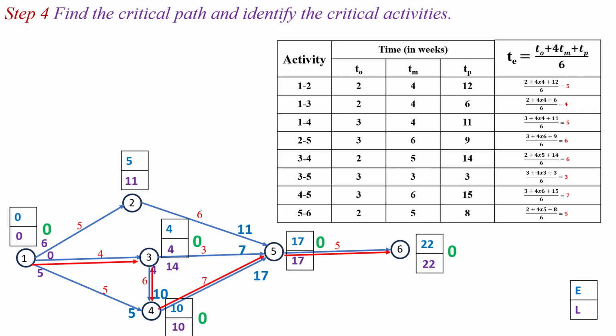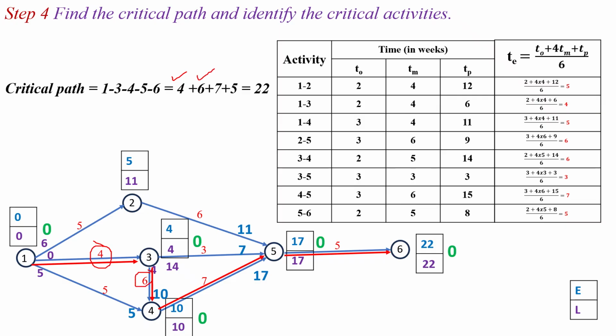So here critical activities are the activity 1 to 3, 3 to 4, 4 to 5 and the 5 to 6. Then critical path is the 1, 3, 4, 5, 6. And time duration for the critical path is, for activity 1 to 3, expected time is the 4. So 4 plus, for activity 3 to 4, expected time is the 6.